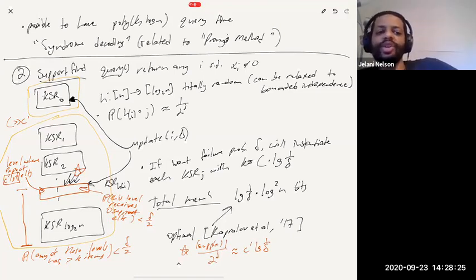If you look at the KSR data structure that we described on the previous whiteboard, there's this exponential time query algorithm which guessed S, solved a linear system, and if that linear system gave you a k-sparse vector back, it returned it, right?